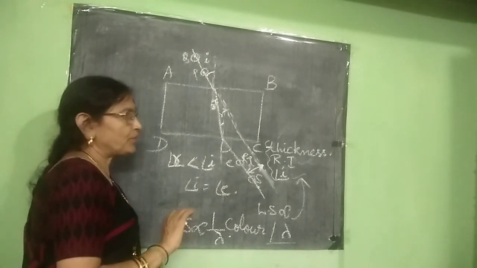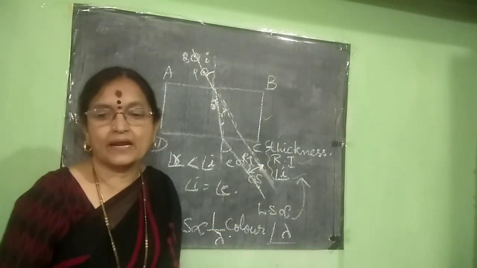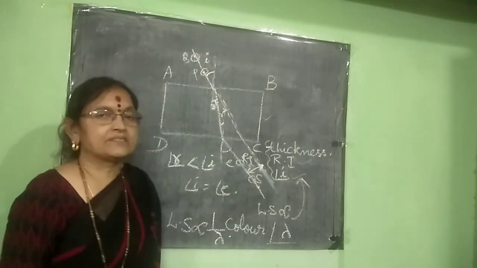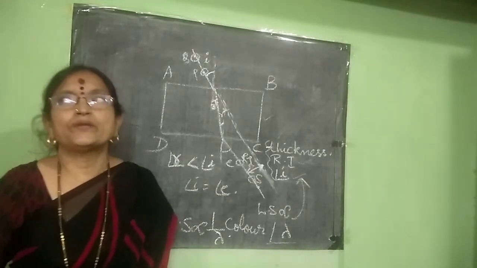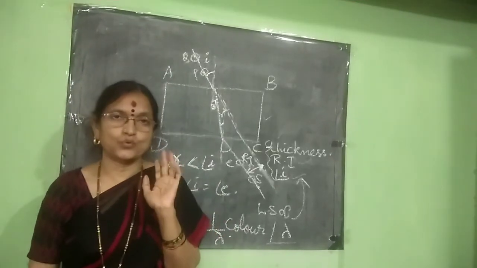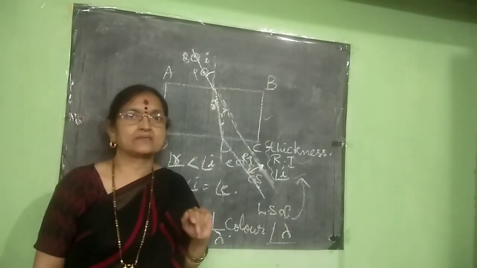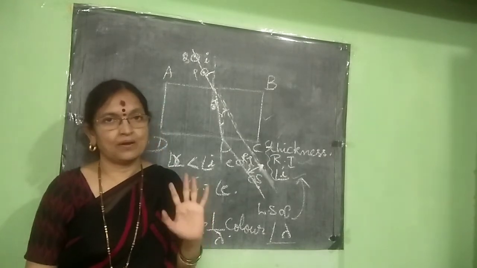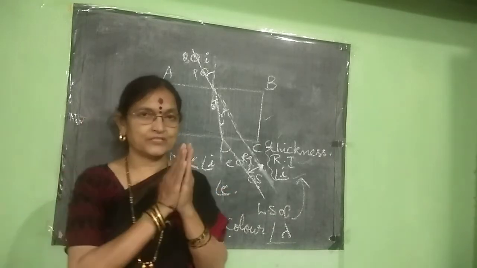Now, not only this optical medium, there are other optical devices, which we call lenses. How to remember them? Use your two hands, the Indian symbol. When you see another person, what do you say immediately? Namaste.